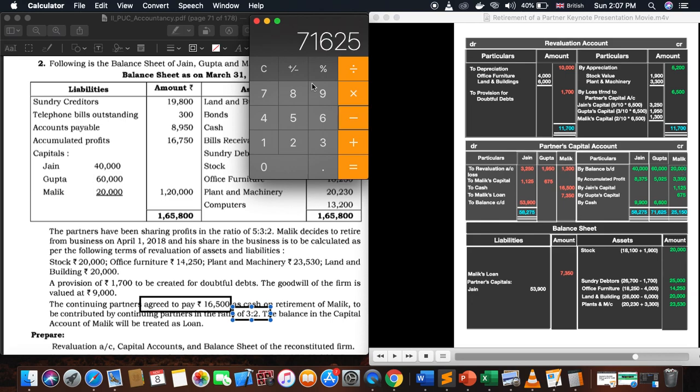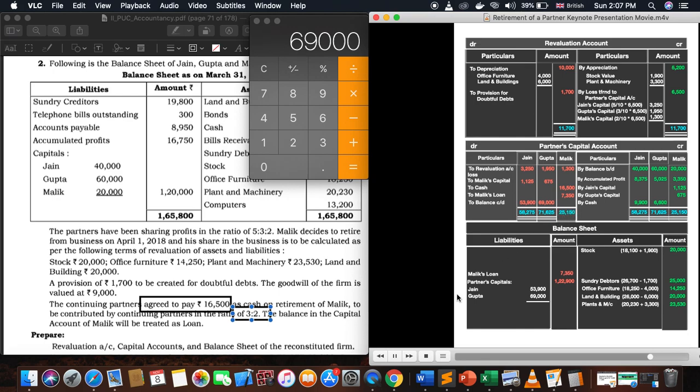So minus 1,950 minus 675. So that's the new capital for Gupta, 69,000. We'll write 69,000, and over here in the balance sheet we'll complete that. We'll total these two things to know the total capital amount, which is 122,900. Now come and complete this, total this up, and then similarly do it for Malik as well.